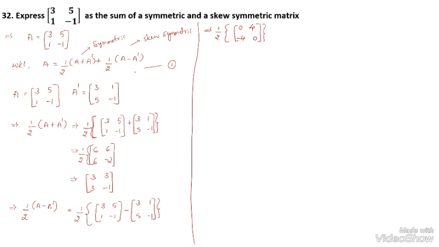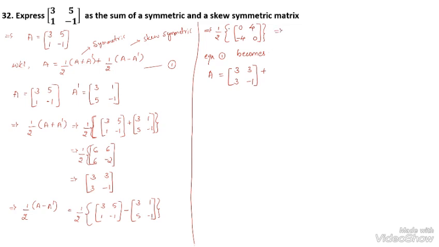Now I can substitute the symmetric and skew symmetric parts in equation 1. Then equation 1 becomes A is equal to, what is the value of 1 by 2 of A plus A transpose? That is 3, 3, 3, minus 1 plus the skew symmetric part.